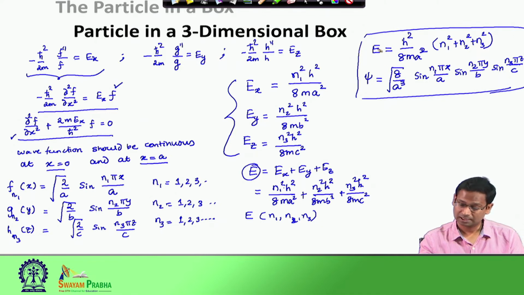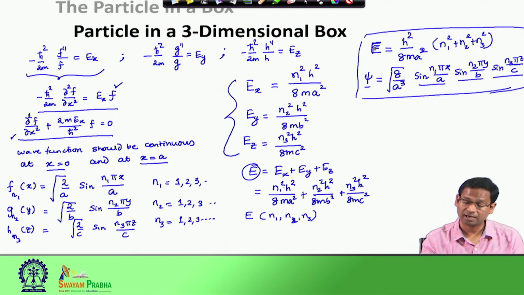Please notice that the energy function has h square by 8 m a square. So, a is the side of the cube, and we have three different quantum numbers n1, n2, n3, and the wave function also has dependence on n1, n2, n3 quantum numbers. The final wave function is the product of three wave functions, whereas the final energy is the sum of three energies.